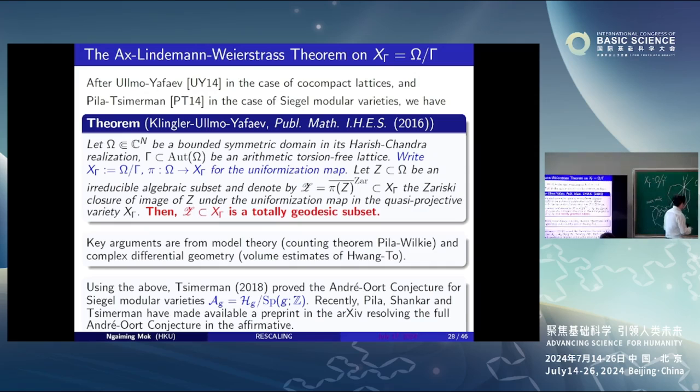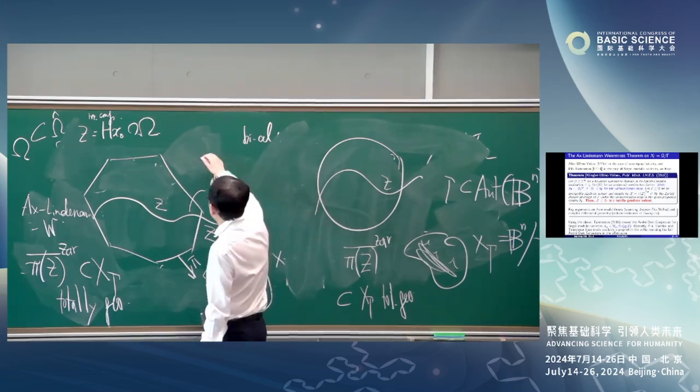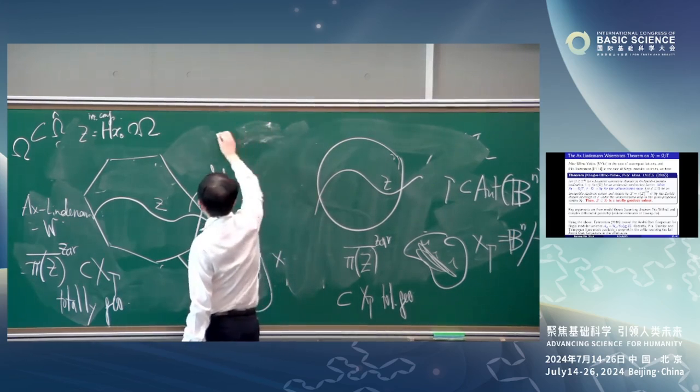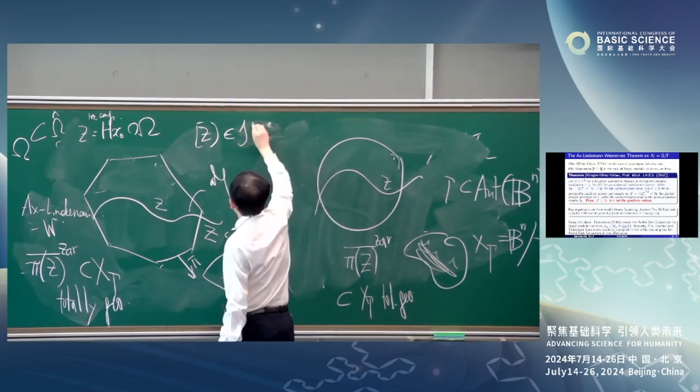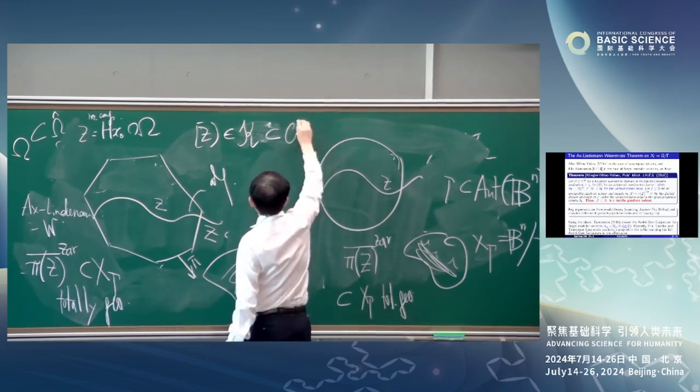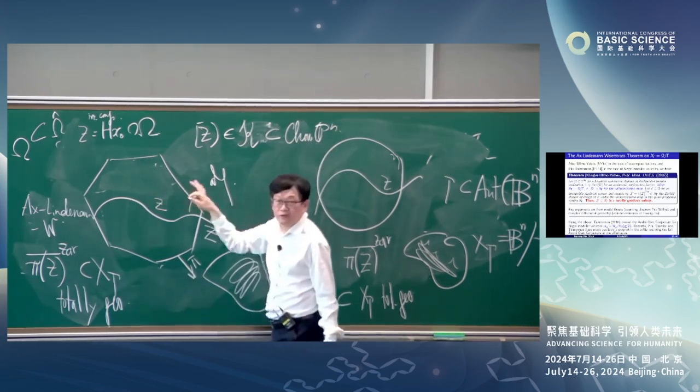So how did I do it? By looking at foliations. You take Z. So Z is an element belonging to a certain component of the Chow scheme inside P^n. So you form the universal family.